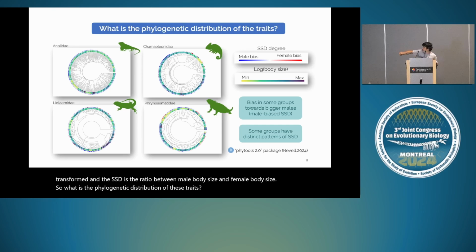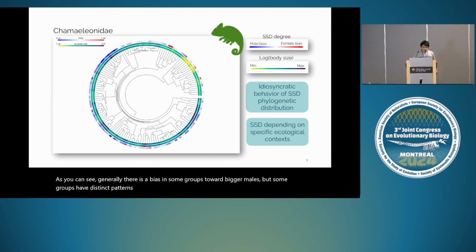As you can see, generally, there is a bias in some groups toward bigger males, but some groups have distinct patterns of SSD. In here, we can see Furcifer, that is really male biased, and Brookesia, the pygmy chameleons, that have subtle or absent SSD.